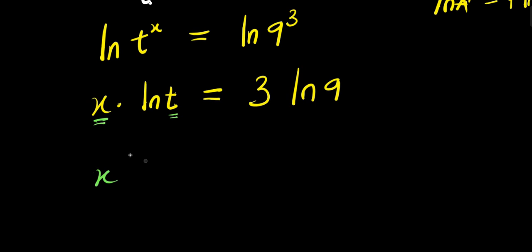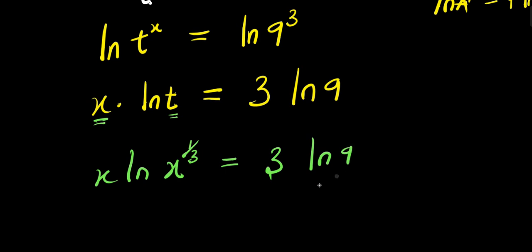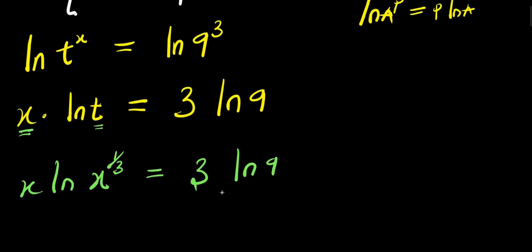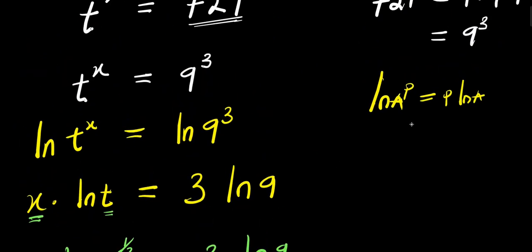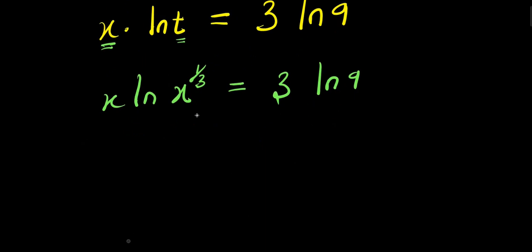So you have x times natural log of x power 1 over 3, and this equals 3 times natural log of 9. Now, remember again, if you have natural log of a power p equals p times natural log of a. So the 1 over 3 here will come in front.